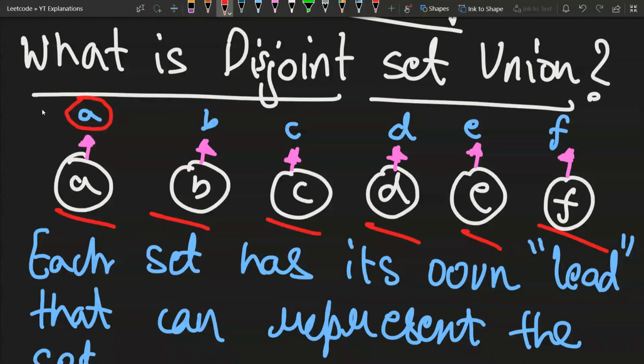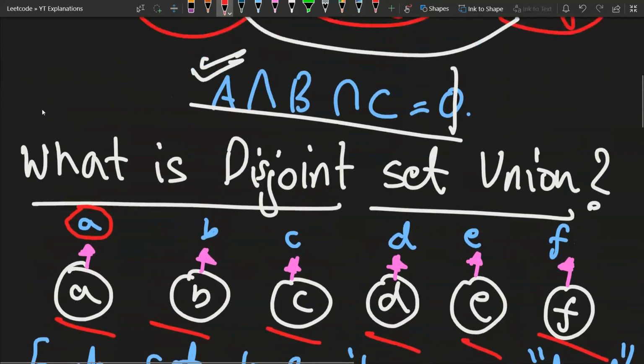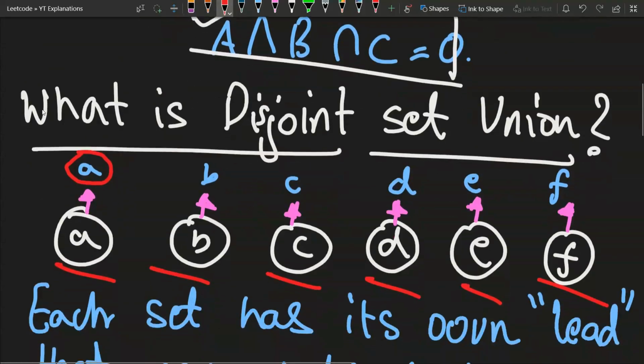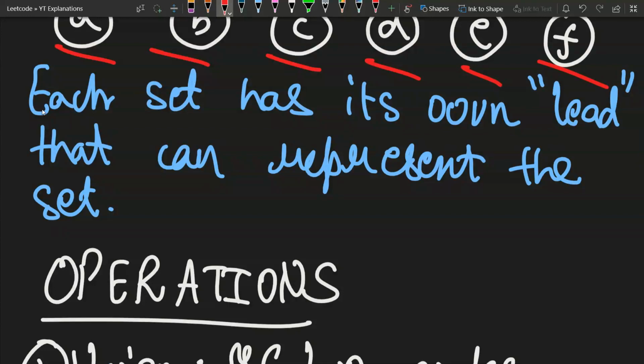In this case, we have all these sets which are independent or disjoint. Each set will have only one element, that is itself, so the leader will obviously be the same element itself. Here for A it's A, for B it's B, C is C, D is D, E is E, and F is F. So that's what I've written here.